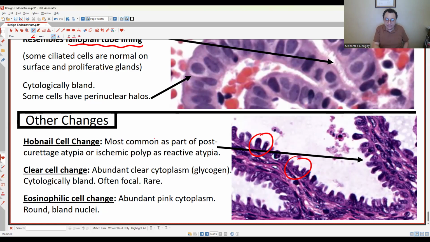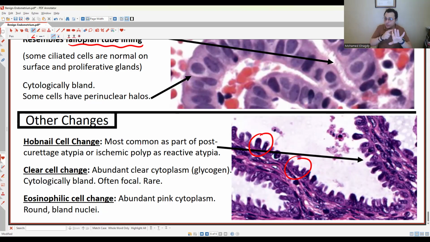What I would recommend in benign endometrium is focusing on the physiological endometrial phases, the proliferative, early secretory, late secretory, and you need also to make sure you can clearly identify the glandular and stromal breakdown. I'm sure that what I'm saying right now, you won't have a question in the boards outside these.